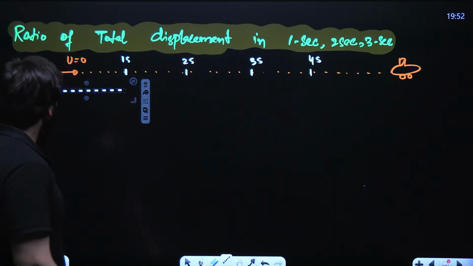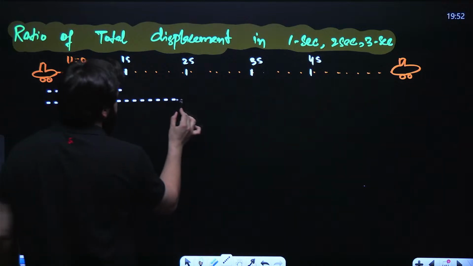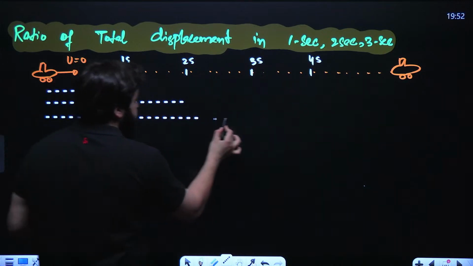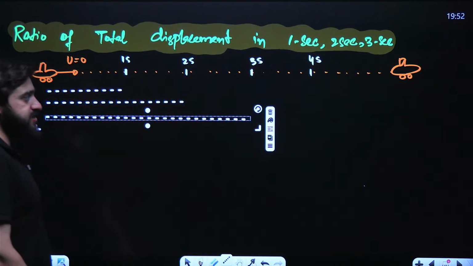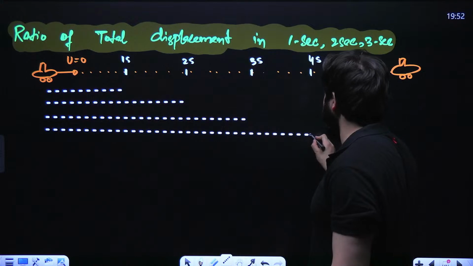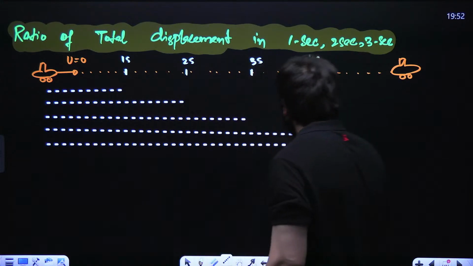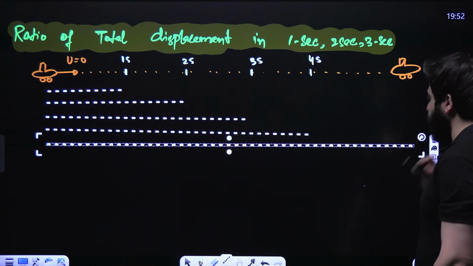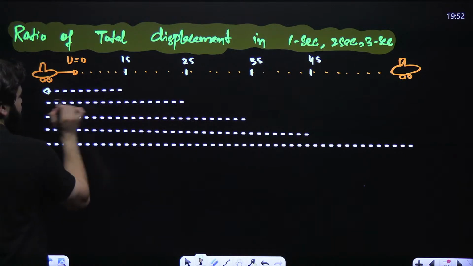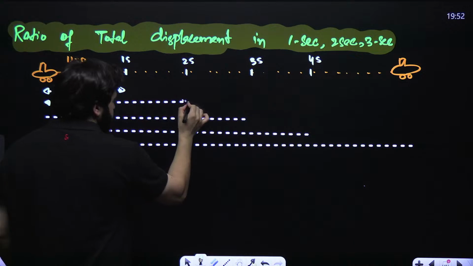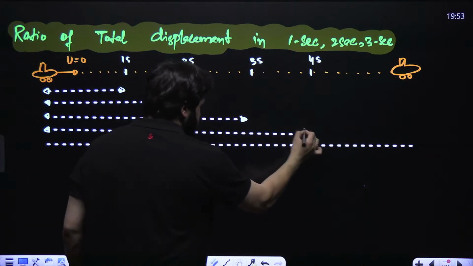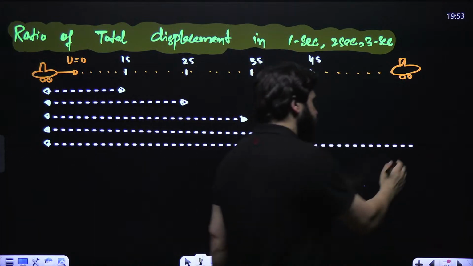This is the displacement traveled in 2 seconds, in 3 seconds, in 4 seconds, and in 5 seconds. So this much is the displacement in 1 second, this is in 2 seconds, this in 3 seconds, this much in 4 seconds, and this much in 5 seconds.